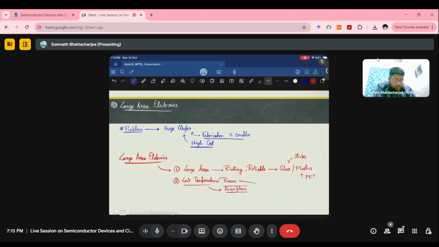So these low temperature processes are necessary. And what are these low temperature processes? These can be spin coating or dip coating, these kinds of things.